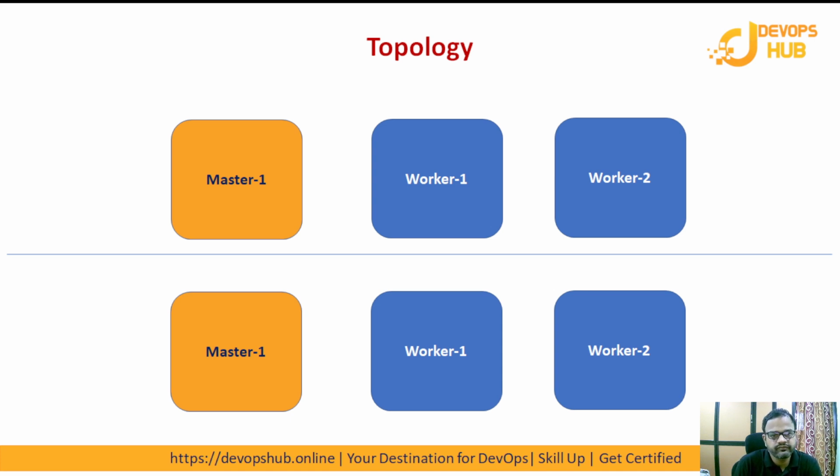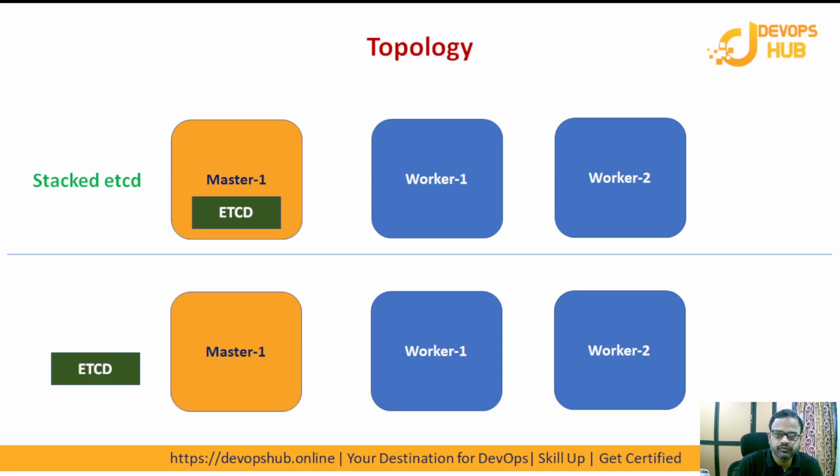This kind of placement is called stacked etcd topology. And if we prefer to place etcd outside the control plane node, that is, outside the master node, separately, this kind of setup is called distributed or external etcd topology.